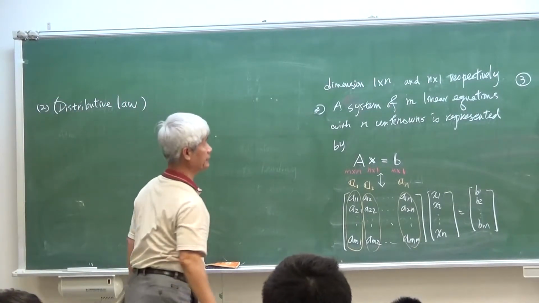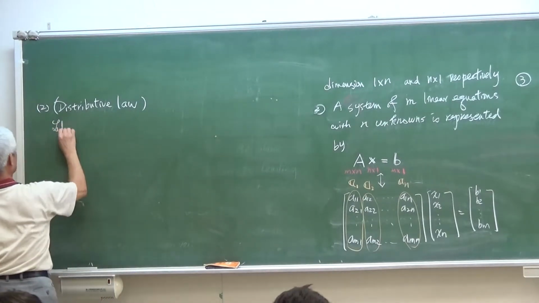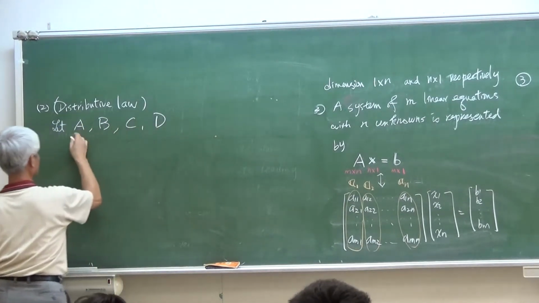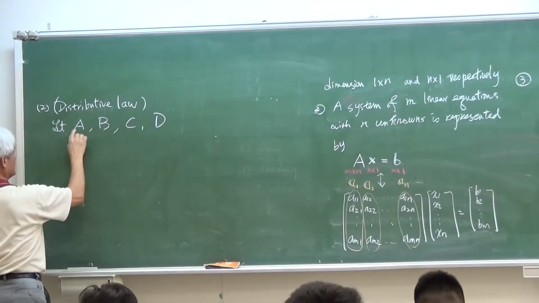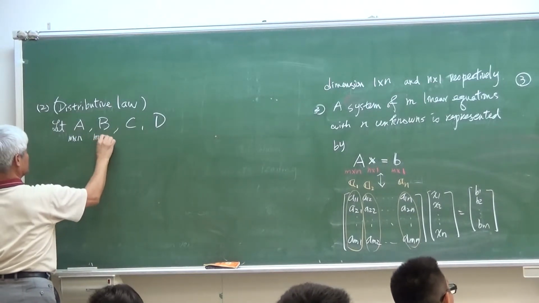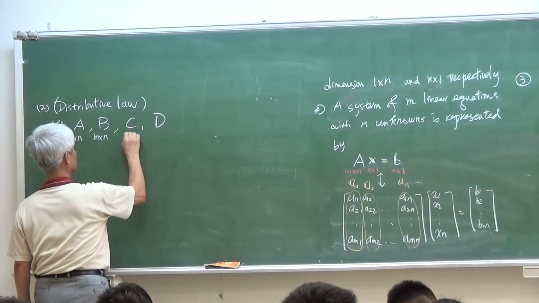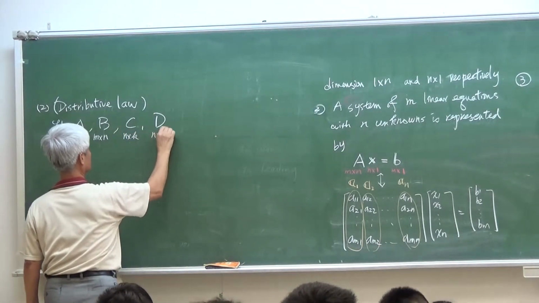This time let A, B, C, and D be matrices, where A and B have the same dimension, n times n, and C and D have the same dimension, n times n.